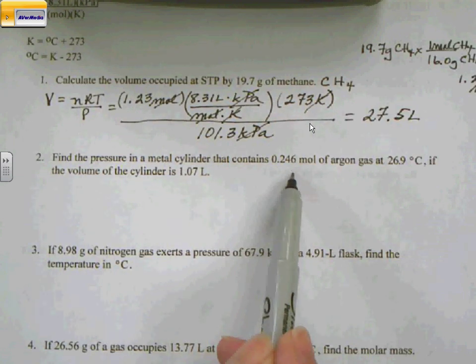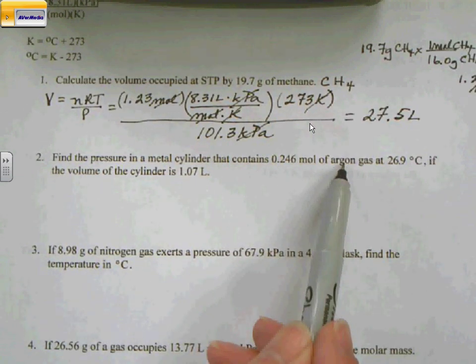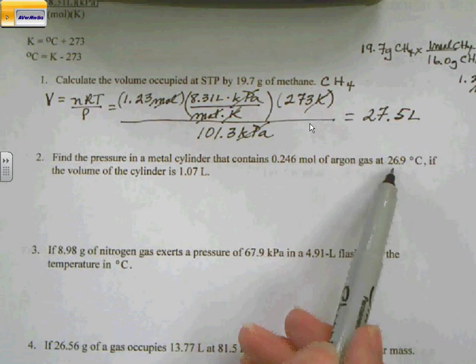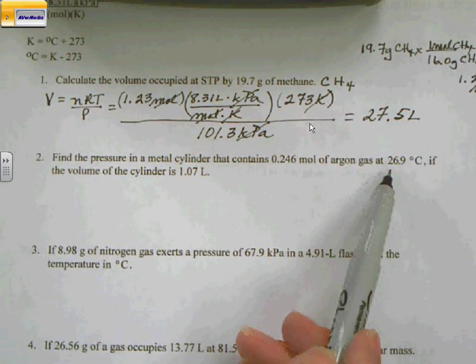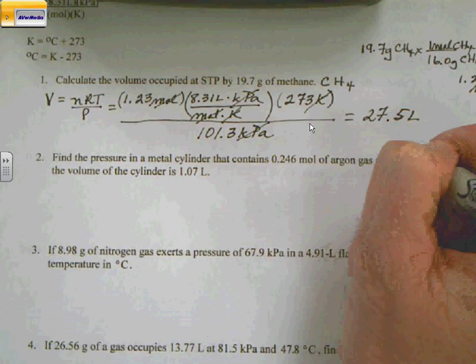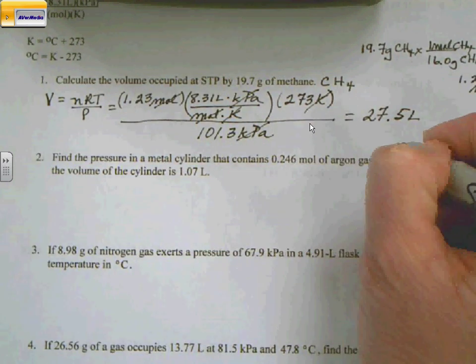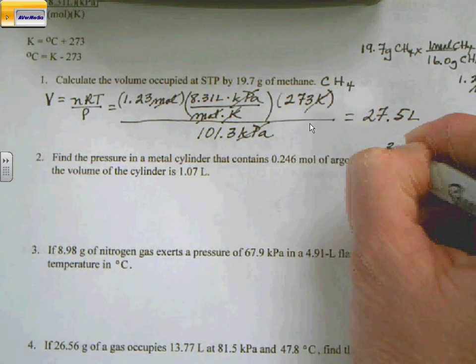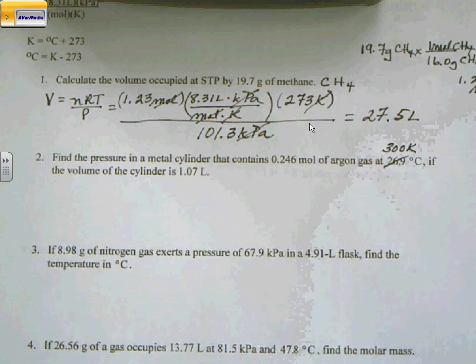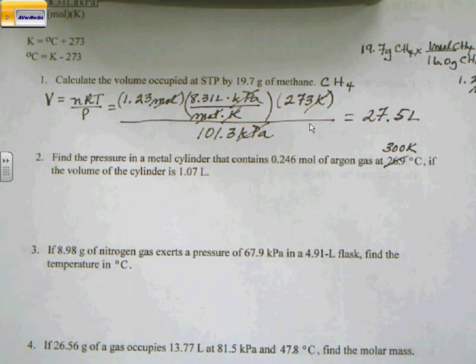So we will still use the ideal gas law formula, but we will again manipulate it so that pressure is isolated. So pressure will equal nRT over volume. The number of moles stated in the problem is 0.246 moles.